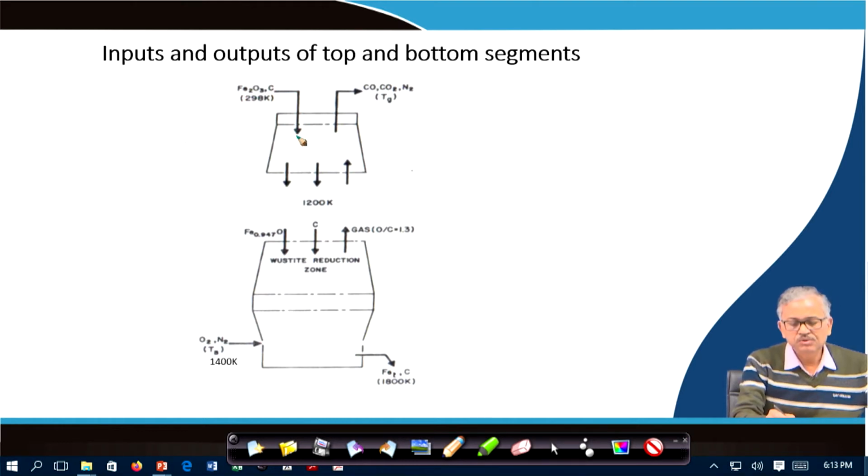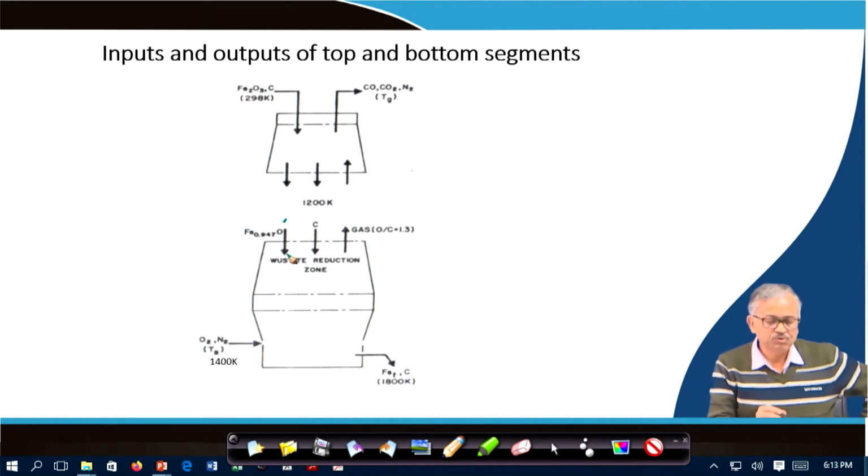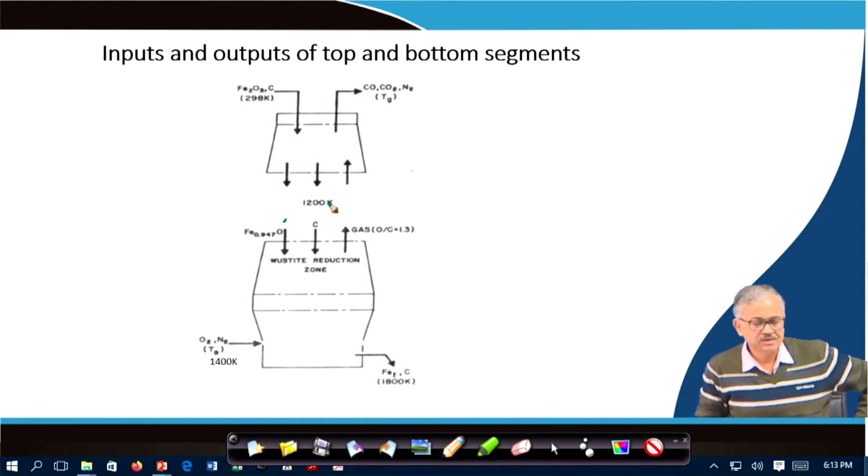Now, Fe2O3 will convert to Wüstite in this region completely, because Fe2O3 goes to Fe3O4, Fe3O4 to FeO, and this FeO will enter the Wüstite reserve zone at 1200 Kelvin. 1200 Kelvin means around 900 degrees centigrade. Okay.